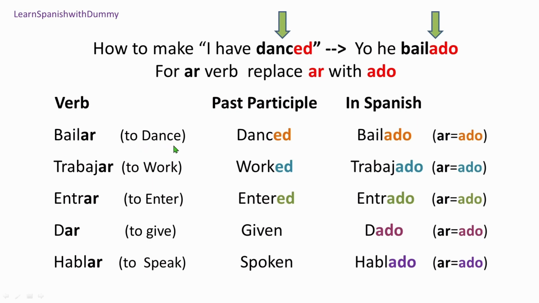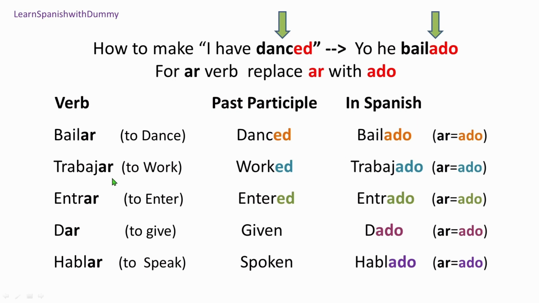Bailar means to dance in Spanish. So if you want to make it "danced," we just remove the AR ending and replace it with ADO. It makes bailado. Bailado means danced.